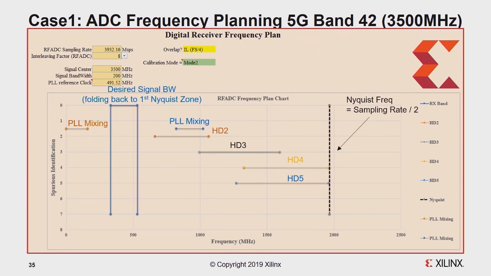So here is our original signal. And then on our frequency planning spectrum, we show the PLL mixing. That is our clock reference generating distortion with your signal bandwidth. And then we show the XT2. XT2 is 2 times your signal. So when we have 400 megahertz, it will fall at 800 megahertz, but the bandwidth will be increased 2 times.